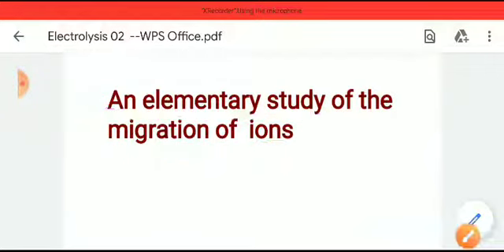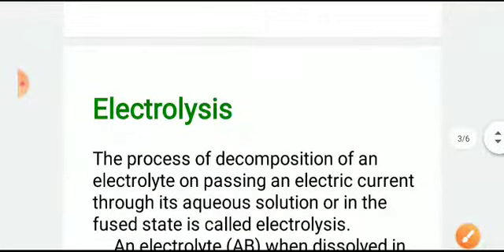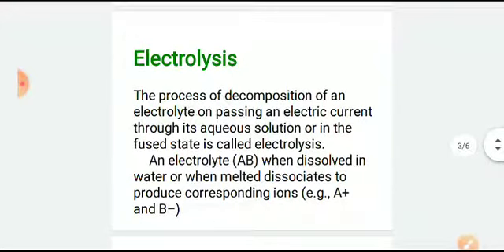So we first revise what is electrolysis. We have already discussed the definition, properties, and components of electrolysis as well, but for today we will revise the term.